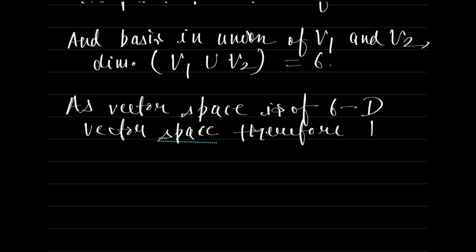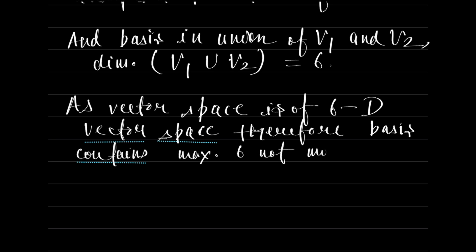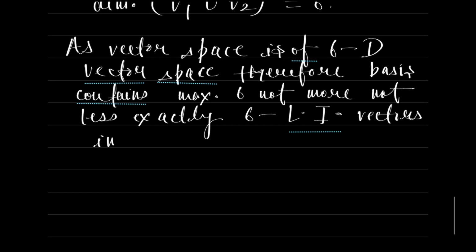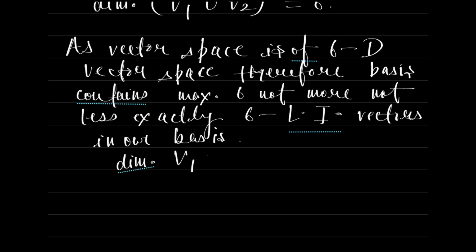Therefore the basis contains maximum 6, not more, not less, exactly 6 linearly independent vectors in our basis. That's why we can write the dimension of V1 union V2 is equal to 6.